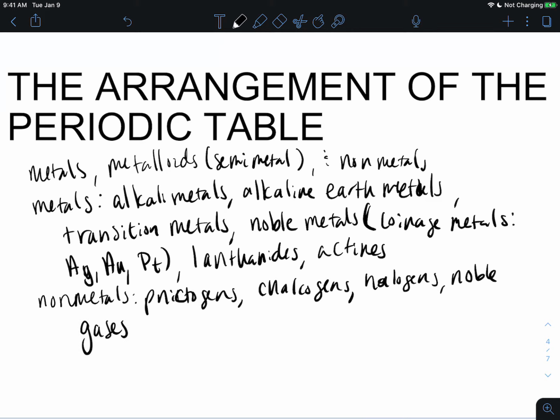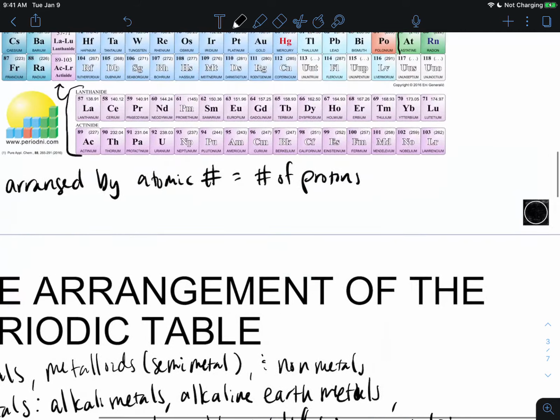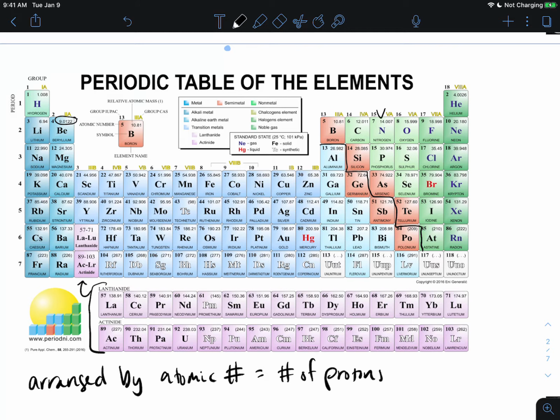And like I said, we're going to talk much more about each of these groups in a later lecture, but looking at the periodic table above, we can see where all of these are, and then the one that's not labeled here, pnictogens, which is the nitrogen group. So make sure you can recognize where each of these are within the periodic table.